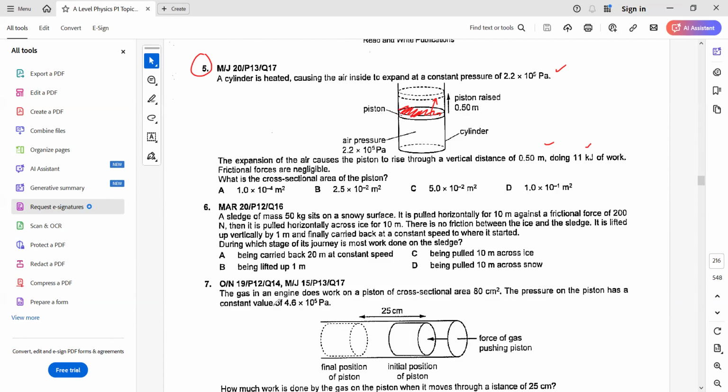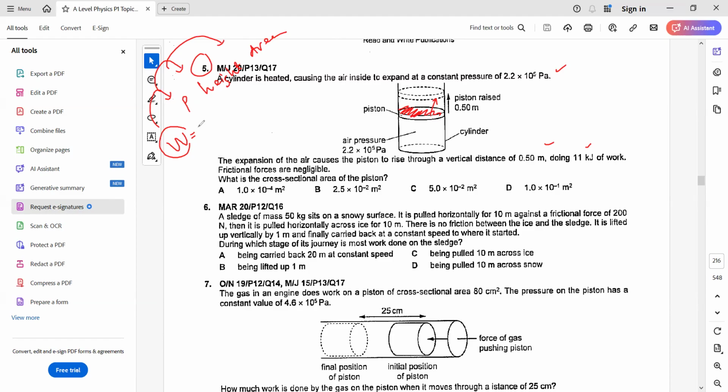So basically, what we want to plan here is that we are given the work done and some pressure and some height, and the area is required. So I have to work my equation for work into pressure, height, and area.